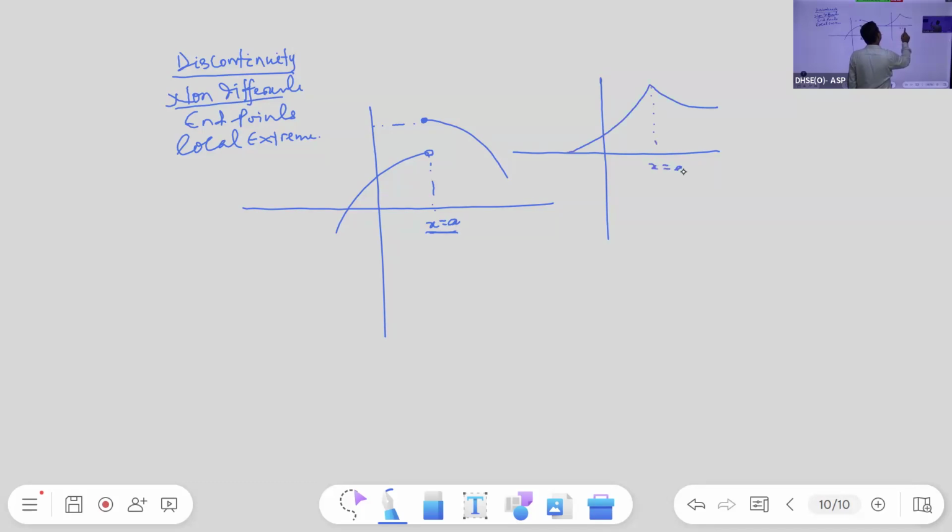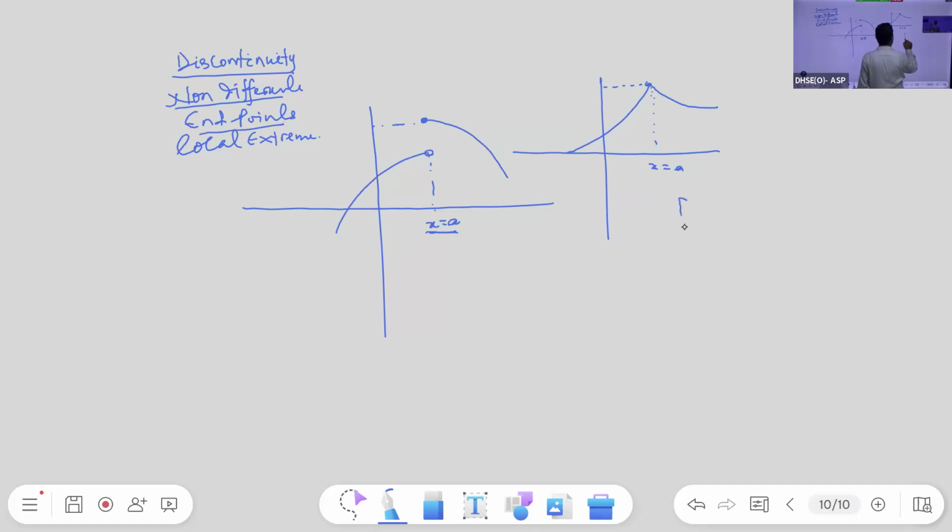So x is equal to a is the point of non-differentiability, because no unique tangent can be drawn to the graph of the function at x is equal to a, but at x is equal to a, the function attains its maximum value. So there is a chance that at a point of non-differentiability, the function may attain the global maximum or global minimum value, right?